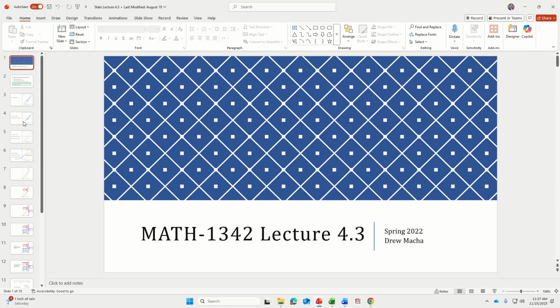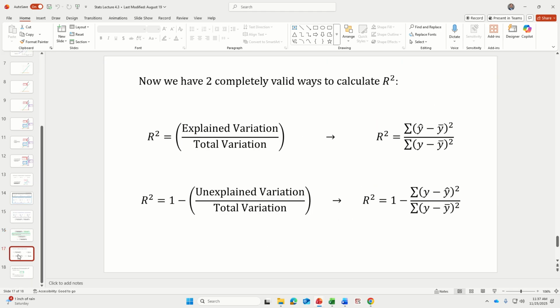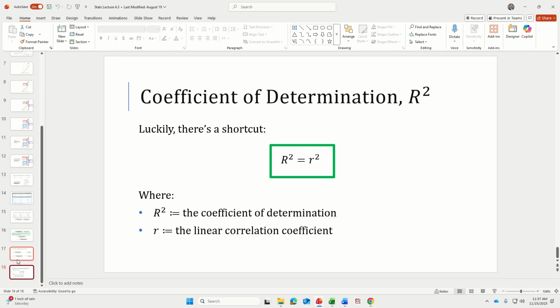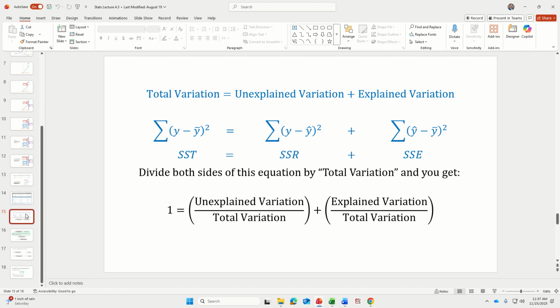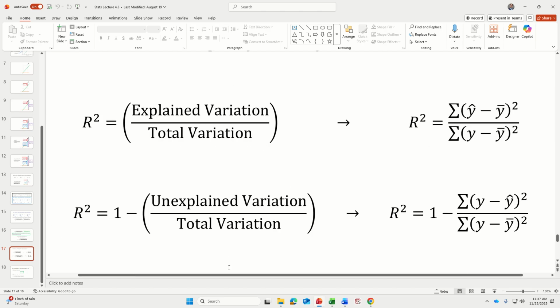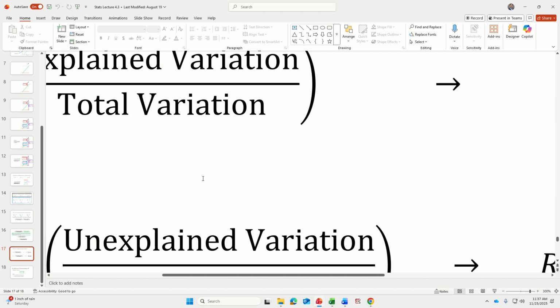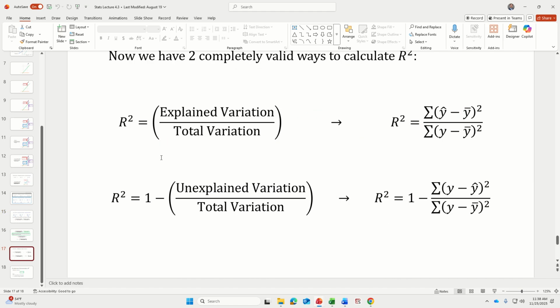Let me see if I can find my slide about coefficient of determination. Okay. This is the thing that I want you to know. We'll zoom in so I can get rid of all the excess stuff. Oop, wrong slide.